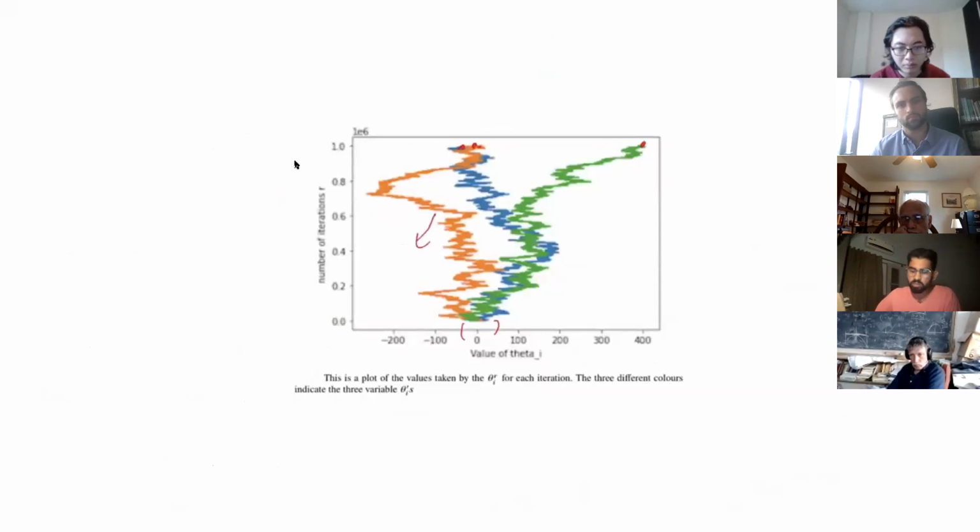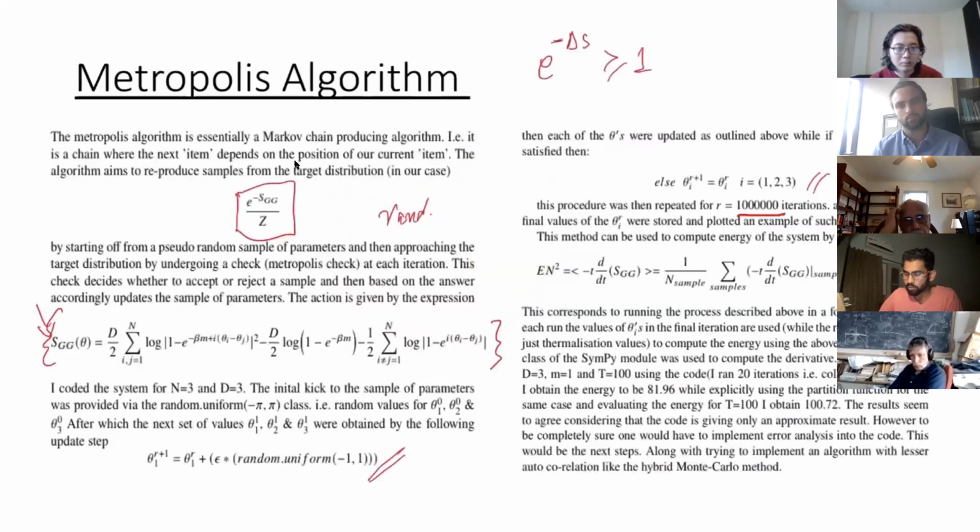And it might also be of interest to note that there seems to be a lot of autocorrelation in these graphs. And so one way to reduce that would have been to implement the hybrid Monte Carlo method. And yeah, so that would be something that we can do further in this direction.